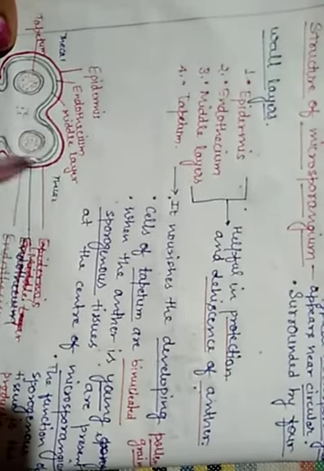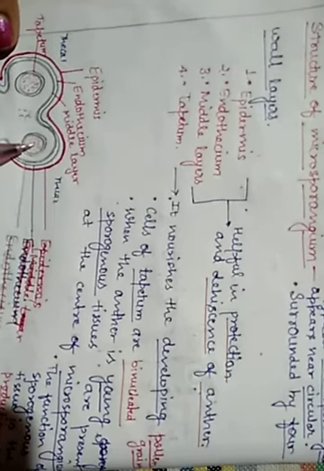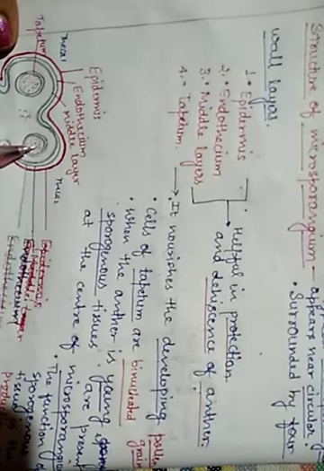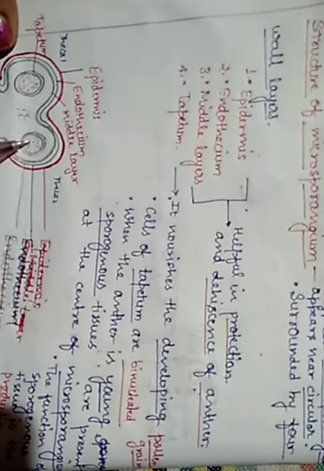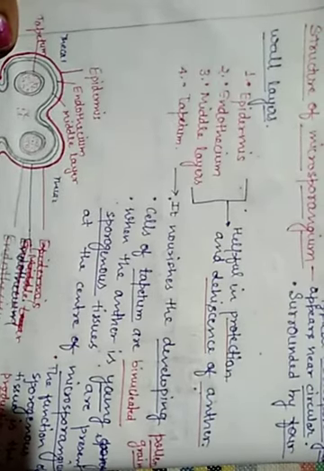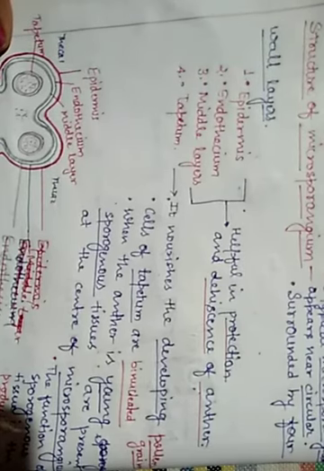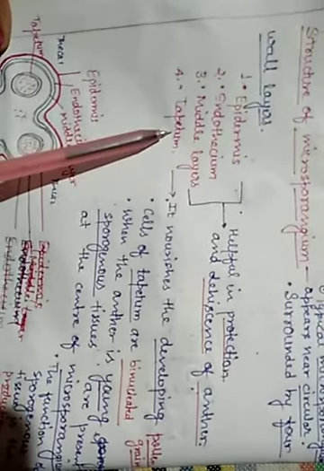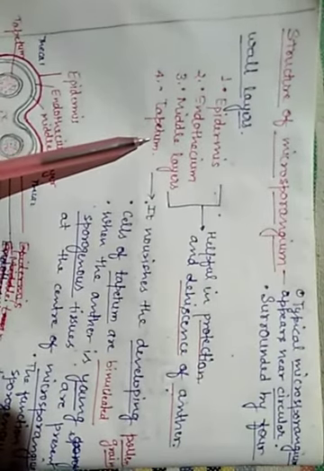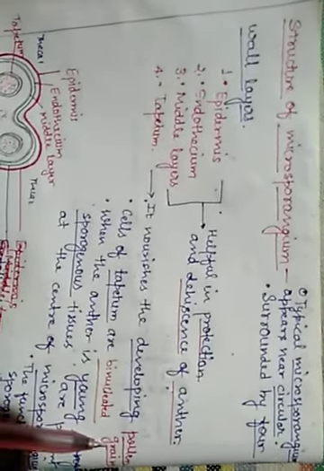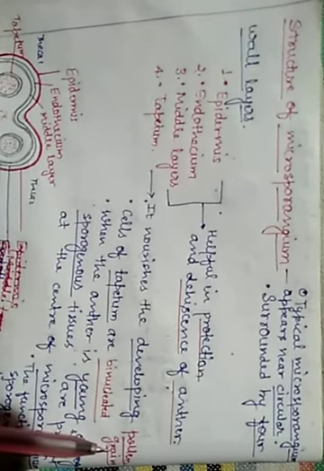As we know, inside this particular portion the pollen grains are going to develop. First the pollen grains are young, then they reach the mature stage. So the work of the tapetum is what?